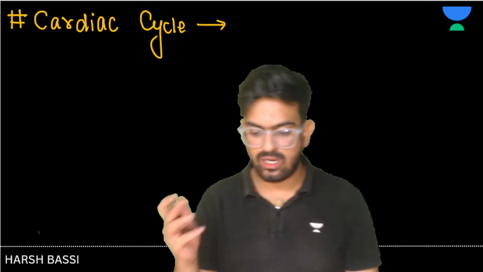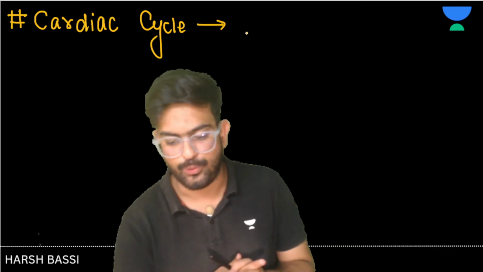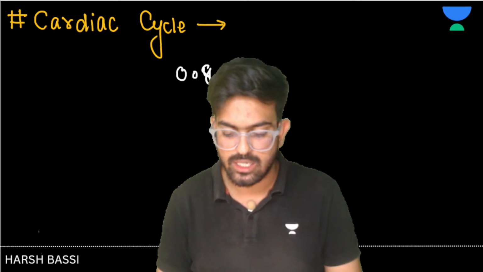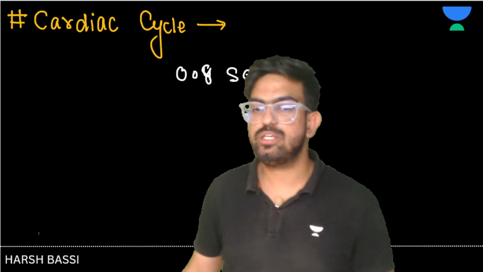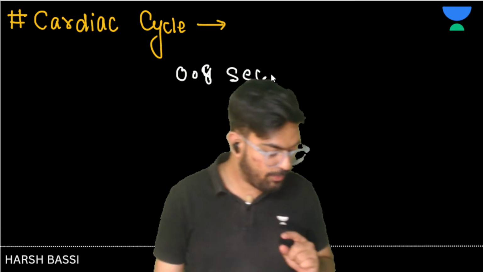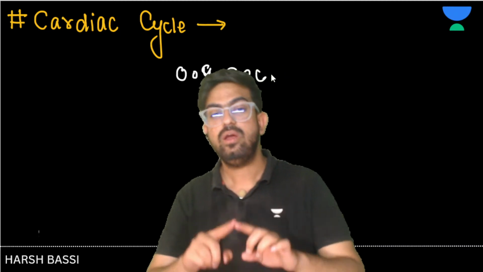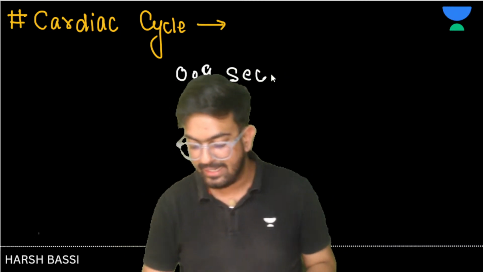चलो. See here. If I talk about the cardiac cycle, the cardiac cycle is of total how many seconds, bachcho? Cardiac cycle is of only 0.8 seconds. In 0.8 seconds one cycle is getting completed, right?